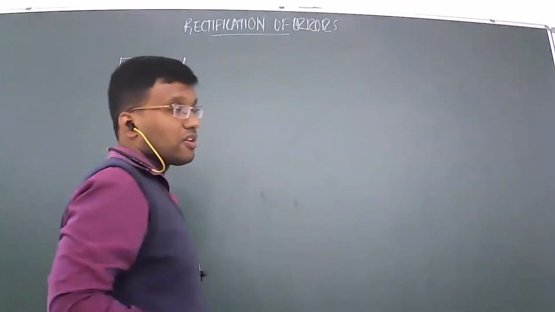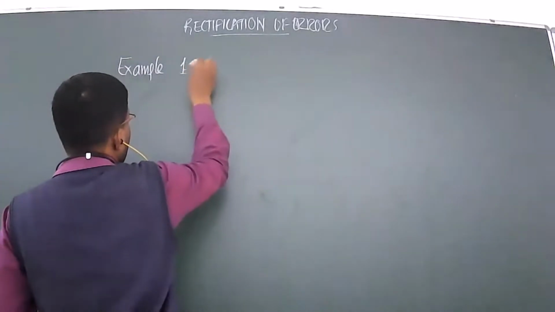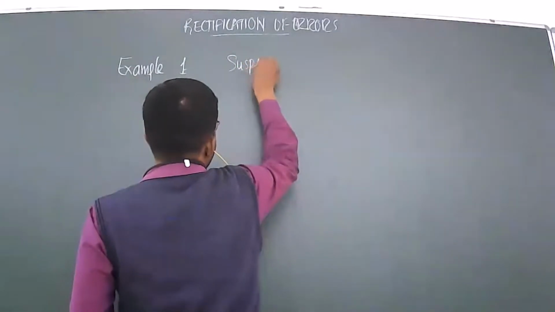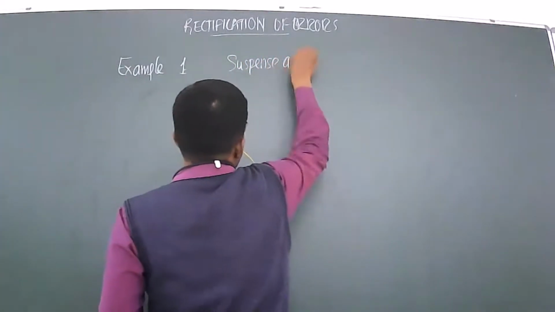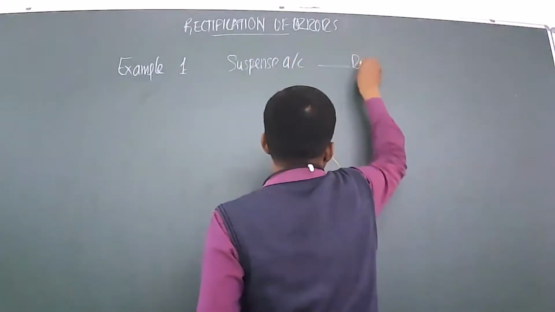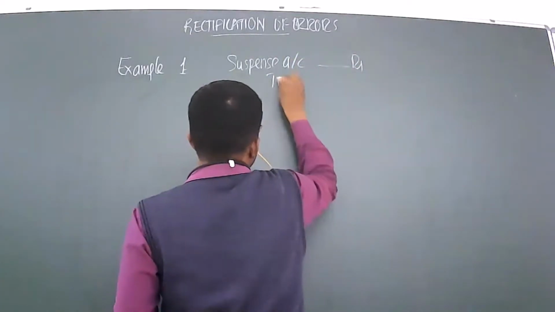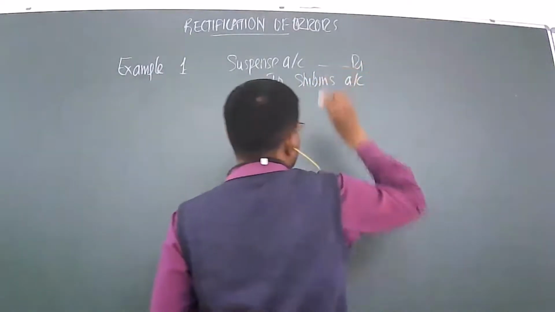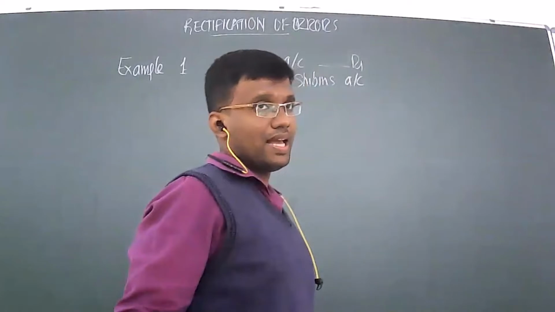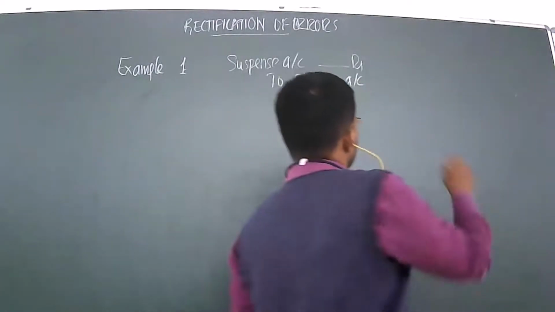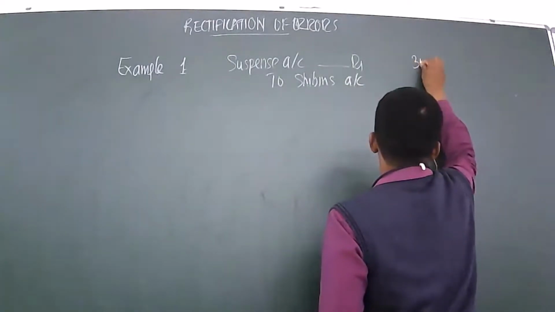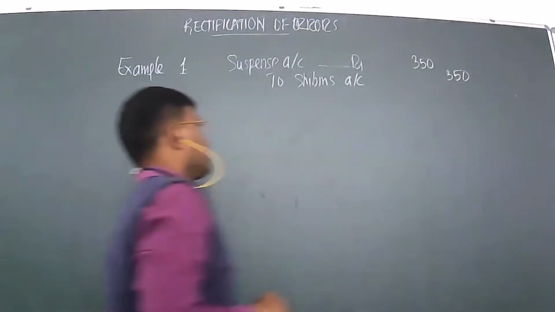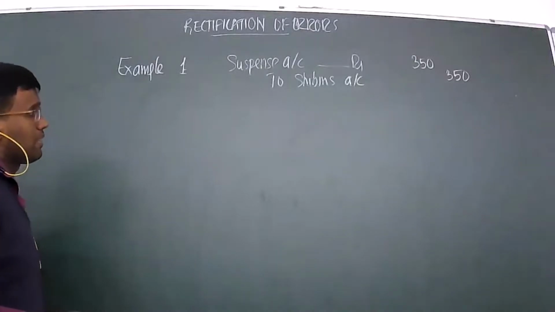So, since we have to credit Shibin's account, we will have to use suspense account. Suspense account debited to Shibin's account. So Shibin's account we are crediting. Okay, so with that, we have completed.